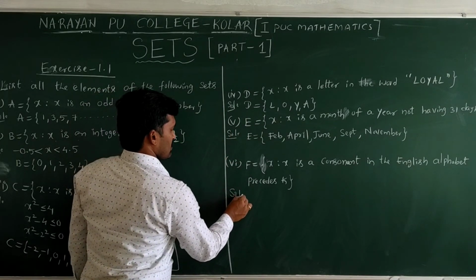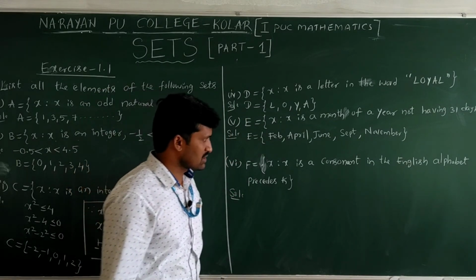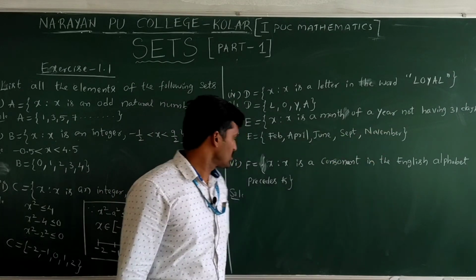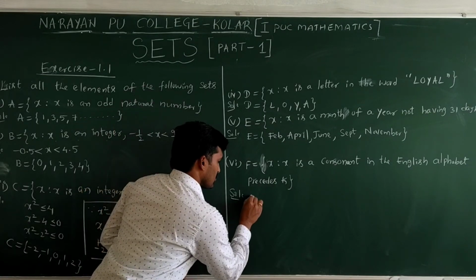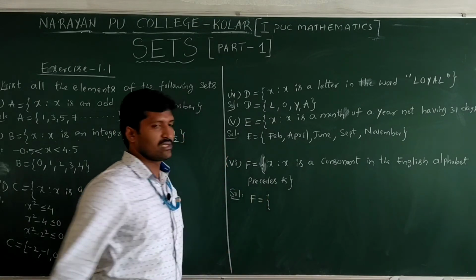Next coming F. x is a consonant in the English alphabet that precedes K. Precedes, that is, before K. Those letters must be consonants.